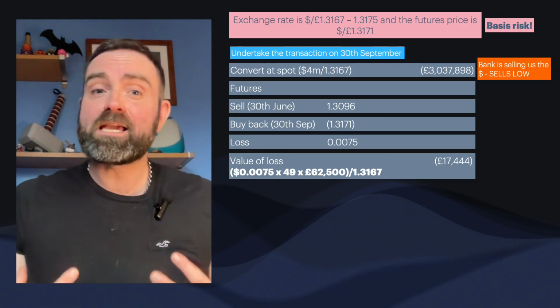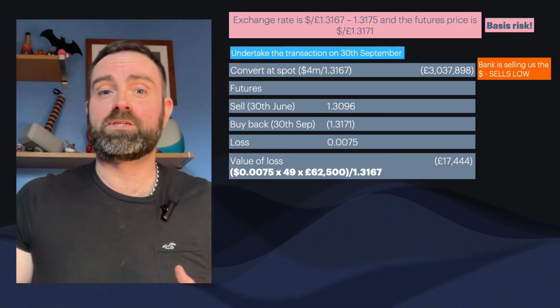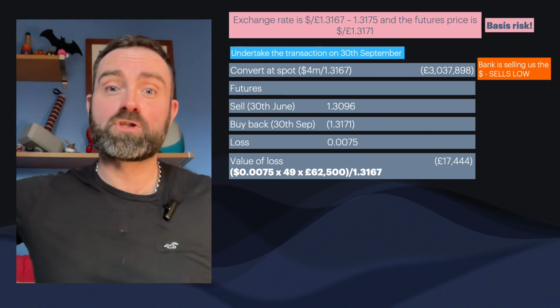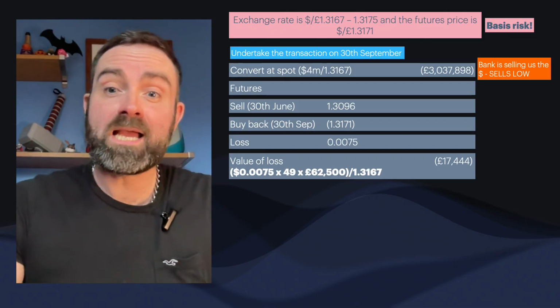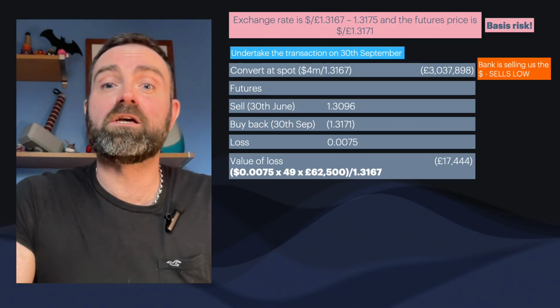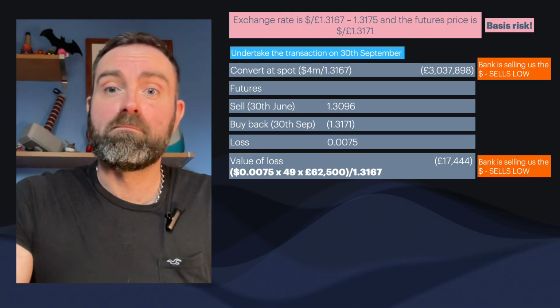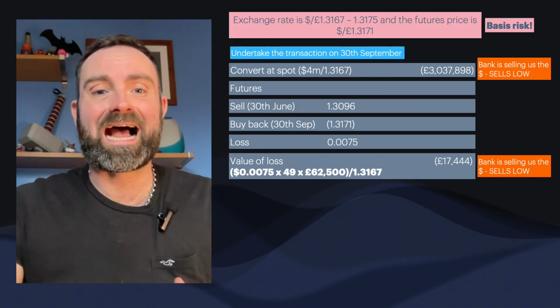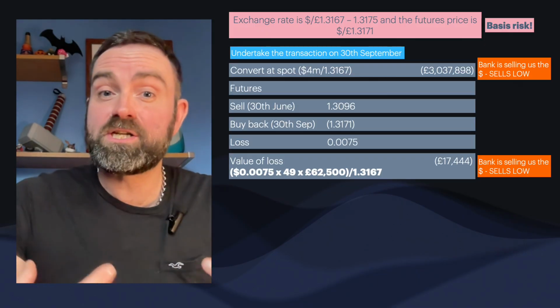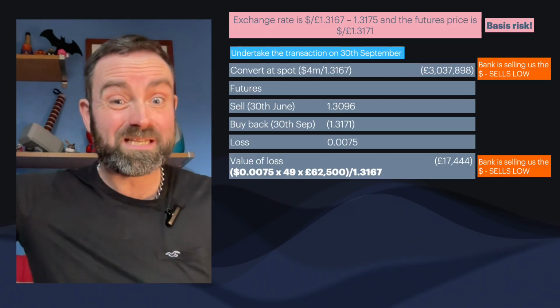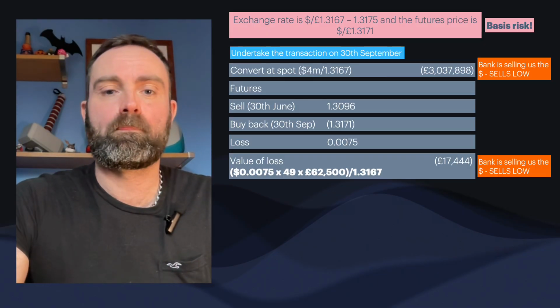Now, again, we're a UK company. We do not hold any dollars. So we would need to buy those dollars so we could pay off that loss. So we'll buy the dollars from the bank on the 30th of September. Remember, the bank sells us dollars at the low rate. So in this case, we'd actually use again that 131.67 rate like we did for the main transaction.